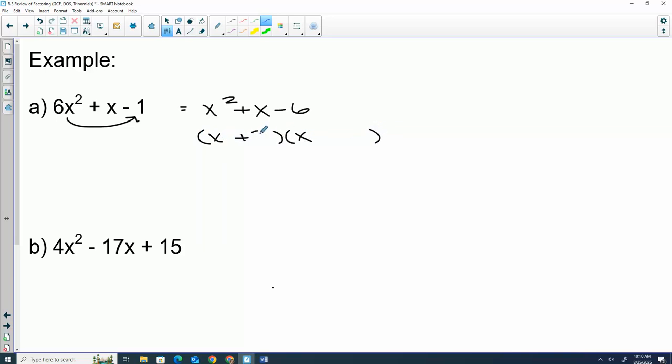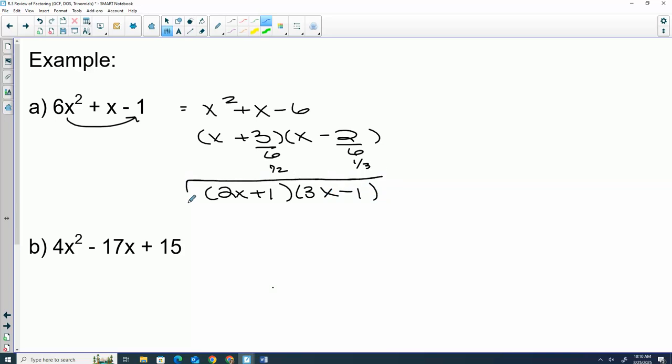So that would be a +3, -2. Then we have to divide the 6 back. So 3 over 6 reduces to 1/2, which means you slide the 2 in front. 2 over 6 reduces to 1/3, which means you slide the 3 in front. So 2x plus 1, 3x minus 1.